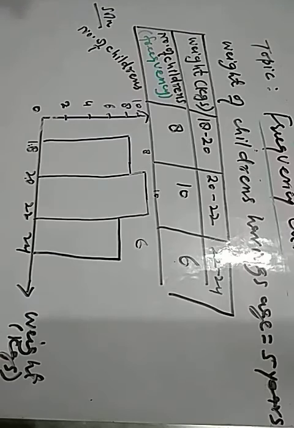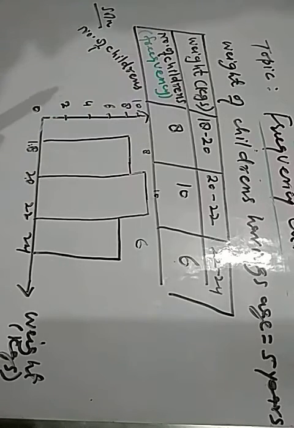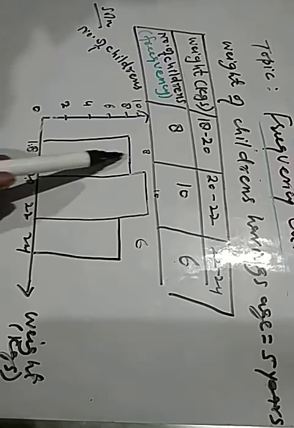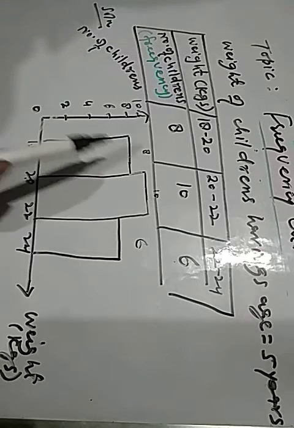Now this is the histogram whose height depends upon the given frequency. And by joining the midpoints of all tops of this histogram, we will get a frequency curve.